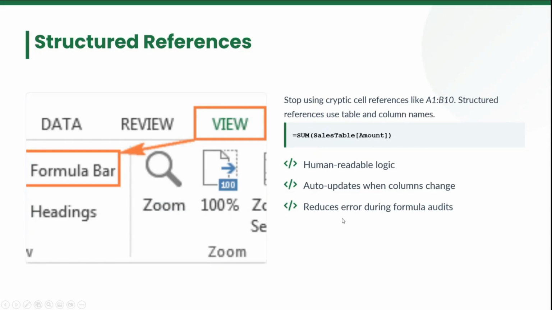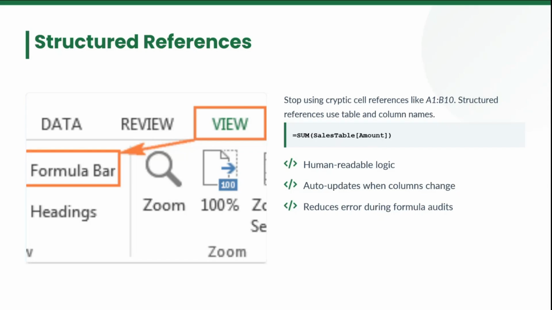So within a table, there are also structured references. For example, in a table, you would say equals sum, and then you select. So it's based on the variable. Whatever the variable or the column name, it will select that whole column.